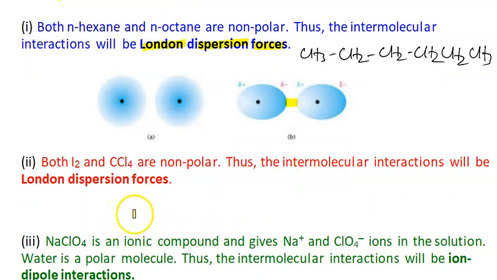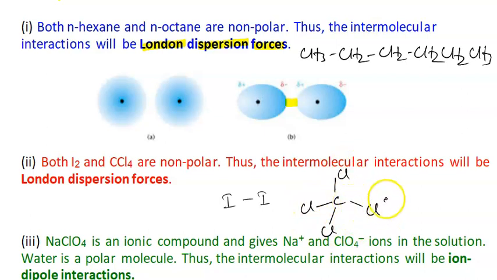Similarly, for iodine and carbon tetrachloride, we know iodine is a non-polar molecule. Here we have zero charge. Carbon tetrachloride has polar bonds, no doubt. These bonds are polar because chlorine is more electronegative than carbon. But the molecule as a whole is non-polar. The dipole moment equals 0.